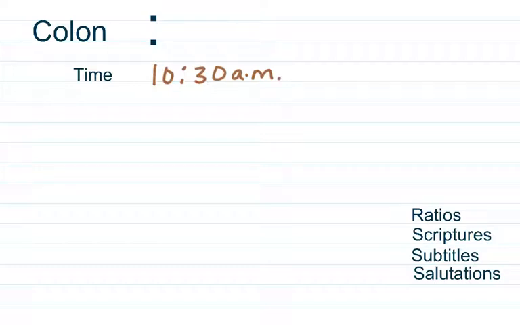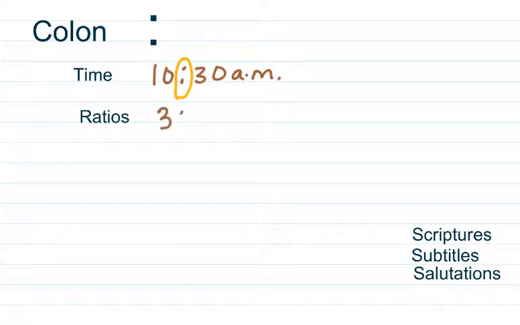So we need to put the colon there to indicate that this is time. All right? Another example is ratios. So a ratio is simply something to something. So let's say 3 out of 5 or 3 to 5. Okay, so we have a colon there to indicate that ratio.